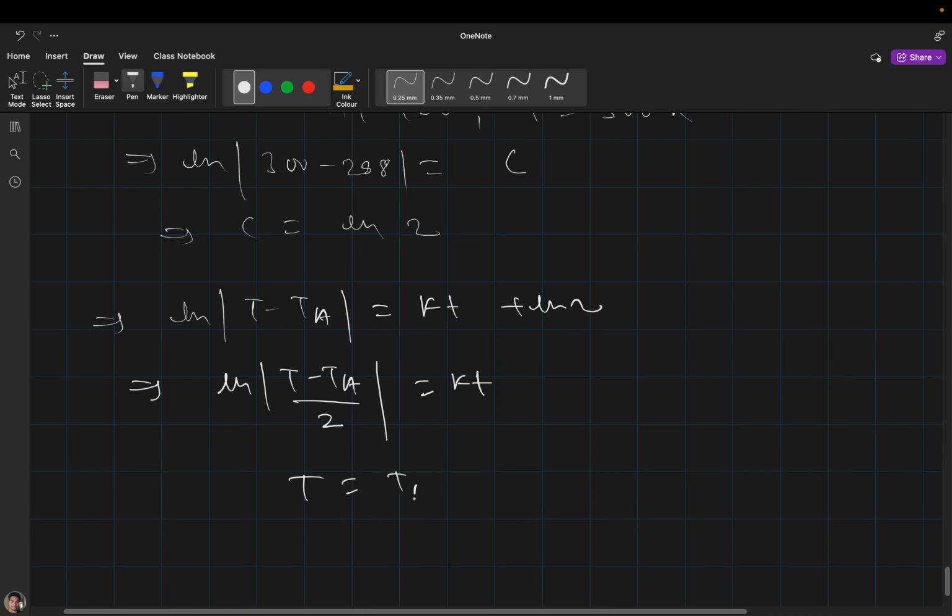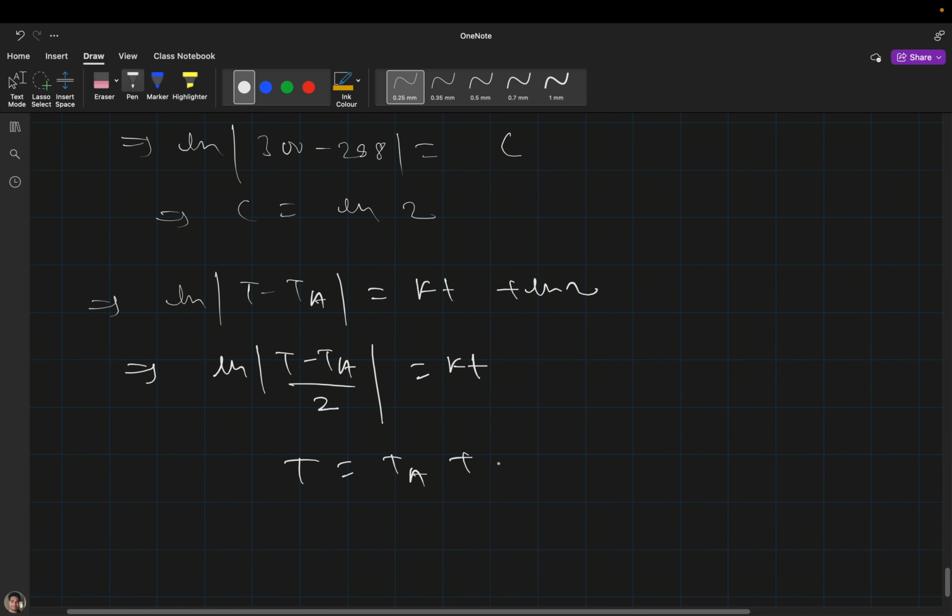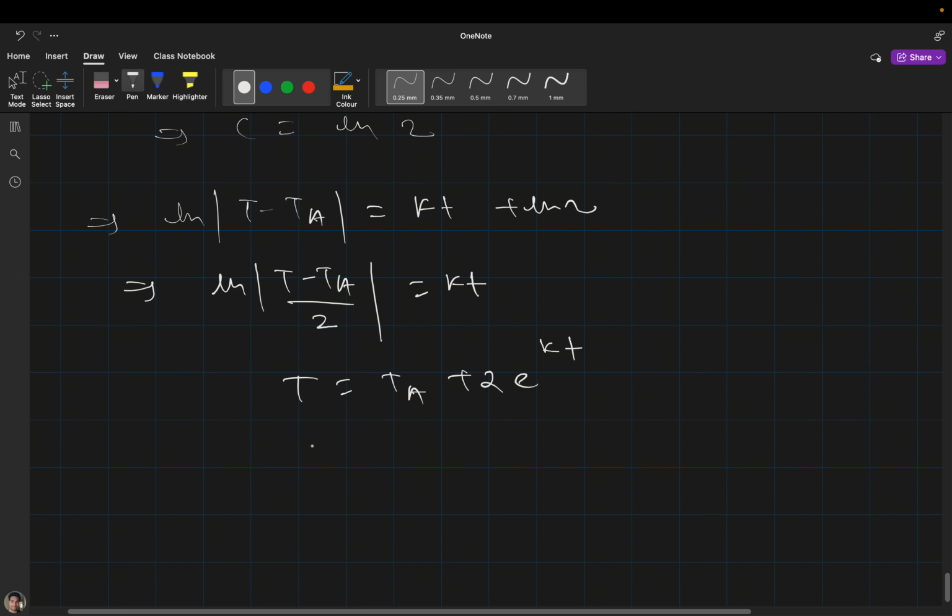T equal to Ta plus 2 e raised to the power kt. You already know what Ta is. Ta is 298, so T equal to 298 plus 2 e raised to the power kt.